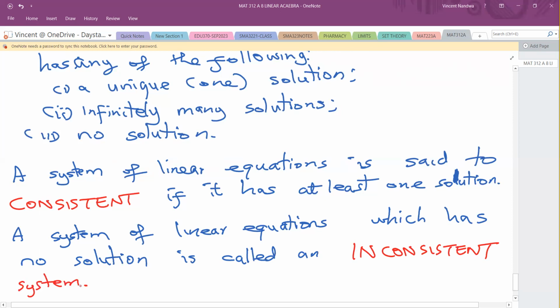So when there is no solution, we refer to the system as inconsistent. When there's at least one solution, we refer to the system as consistent.